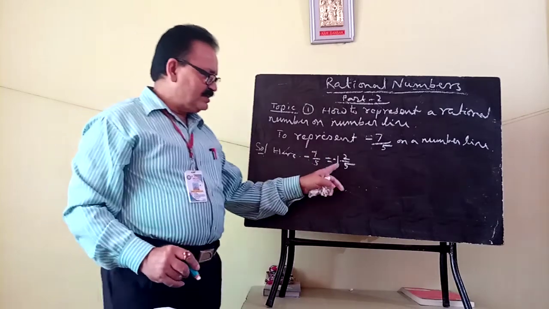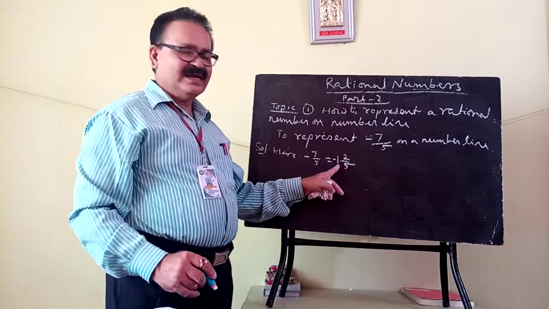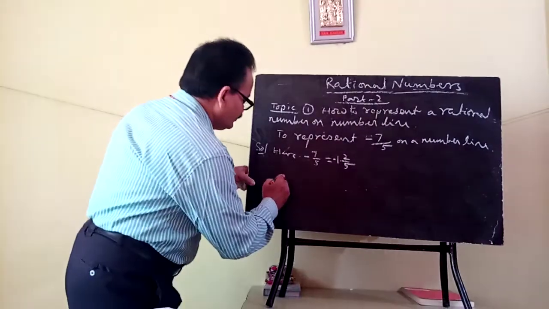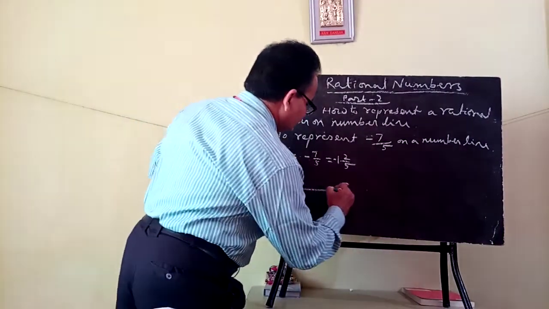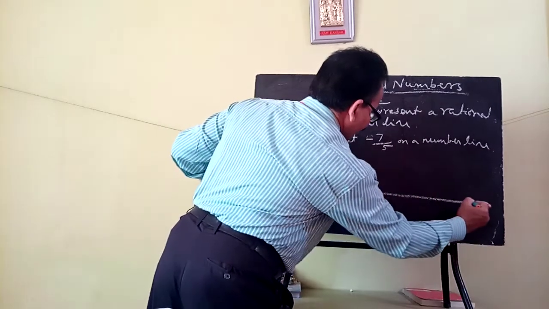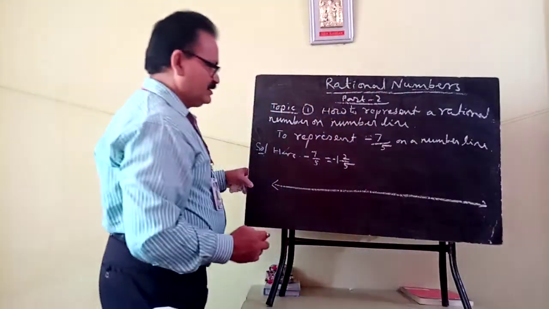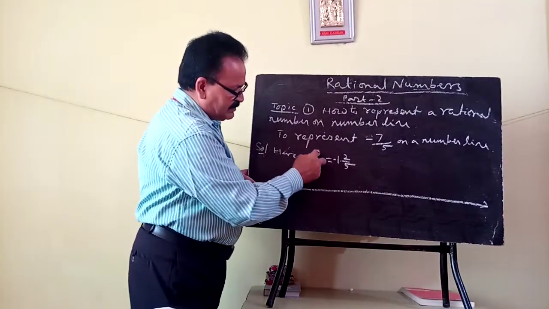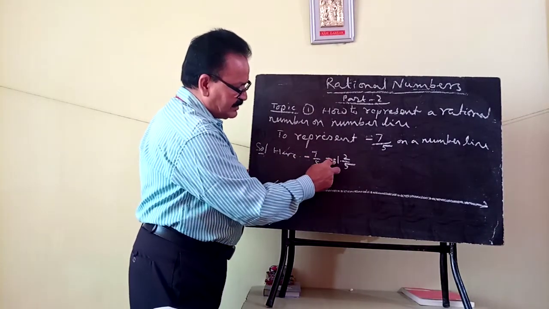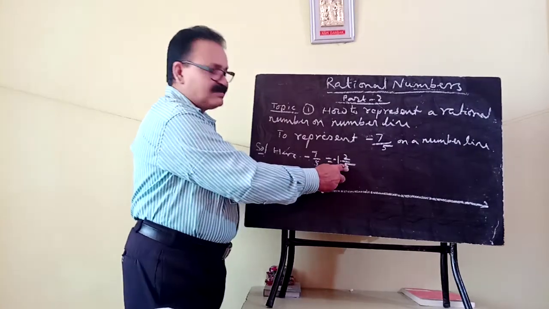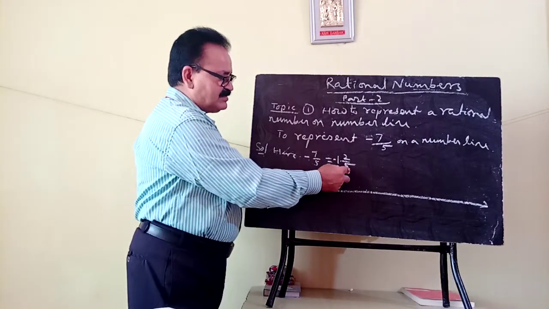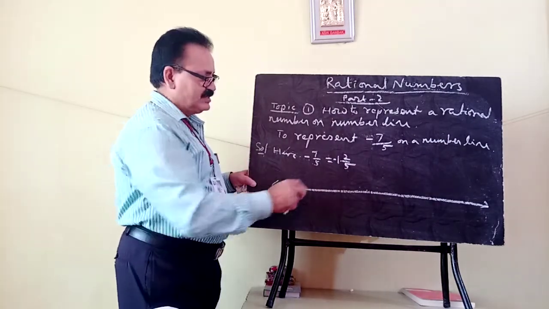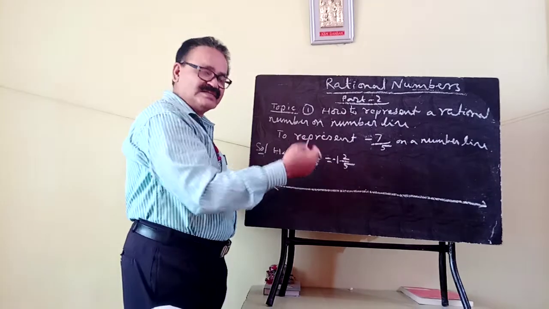So you have got a whole number 1 and the fractional part is 2 by 5. Now you just make a straight line. Since it is negative, minus 7 by 5 means minus 1 2 by 5. So this rational number will lie in between minus 1 and minus 2.